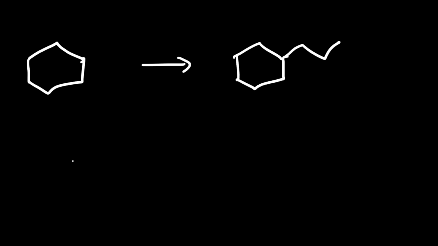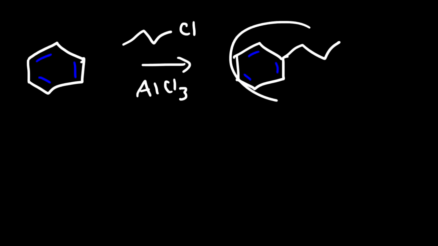Now, starting from benzene, how can we make propylbenzene? So go ahead and try that. Now, if you're thinking of using propyl chloride with aluminum chloride, this is not going to work. You won't get this product in good yield. Keep in mind, this is a Friedel-Crafts alkylation reaction, and it's subject to rearrangements.